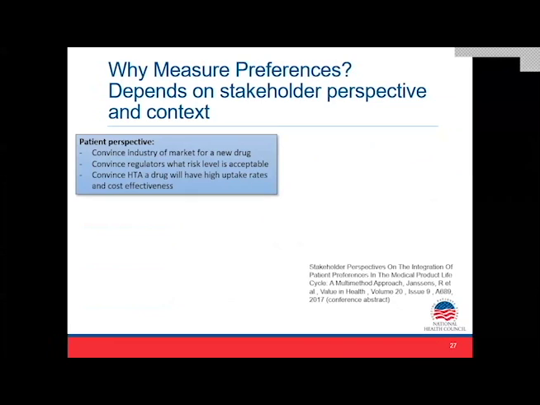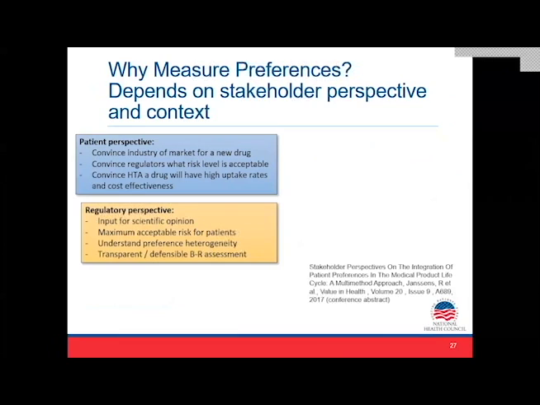Or convince health technology assessors or payers that a drug will have a high uptake rate and cost effectiveness and should be reimbursed. Or if you're a regulator, your chief interest is input for scientific opinion. And that might manifest as how much risk is acceptable for patients for a given benefit, much like I mentioned before. But also, regulators take into account quite a bit of heterogeneity.